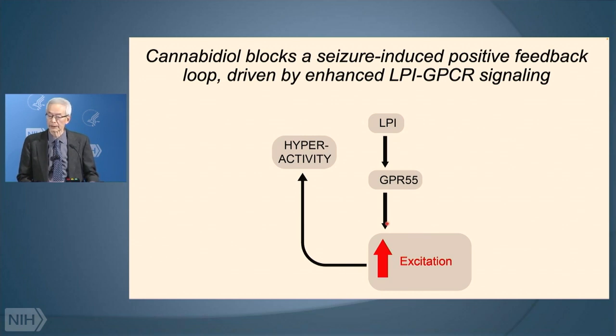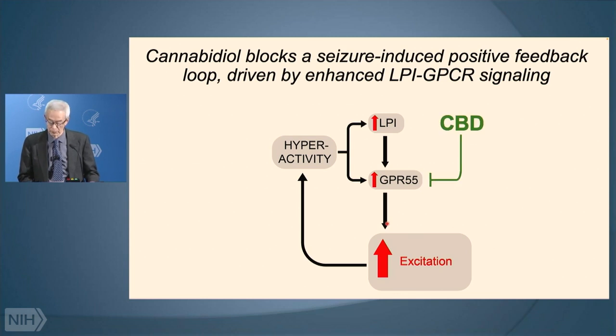That produces hyperactivity, and in turn, the hyperactivity causes an increase in both LPI and GPR55. And so every arrow in this loop is pointing upward. It's a positive feedback loop all the way down the line. And so this explains why epilepsy can be a runaway phenomenon, and in fact, it can reoccur.